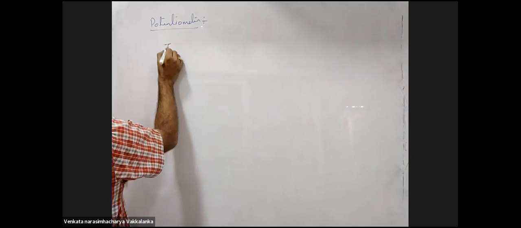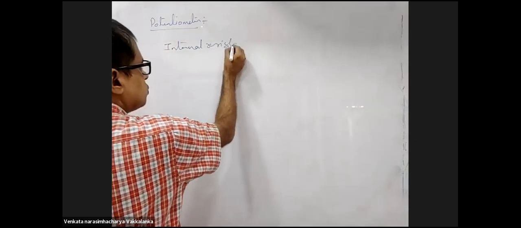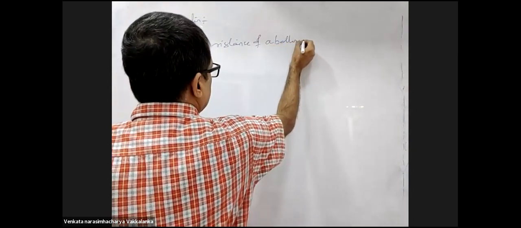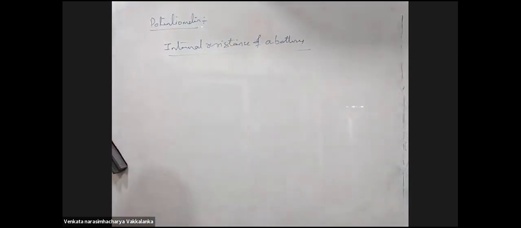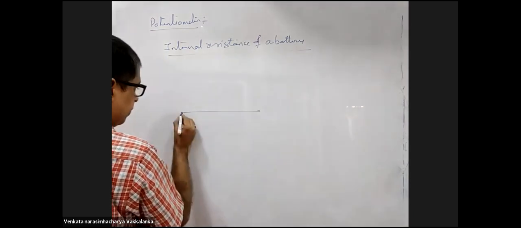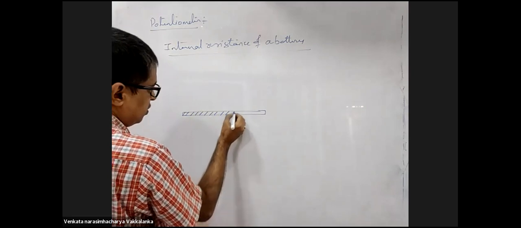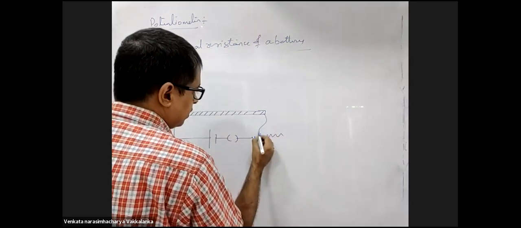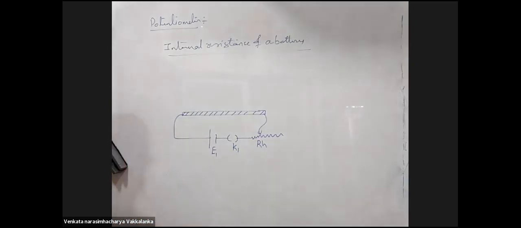Now the second part of the experiment is the internal resistance of a battery. You are interested to find out the internal resistance of a battery using the potentiometer. This is the wire, the potentiometer wire. You have a standard cell, key and rheostat. Call this K1 and E1.